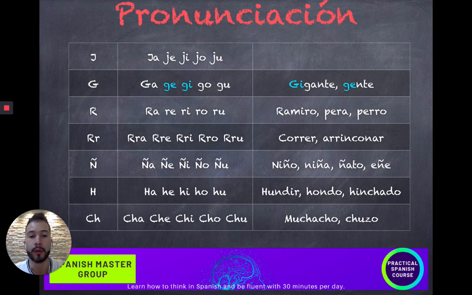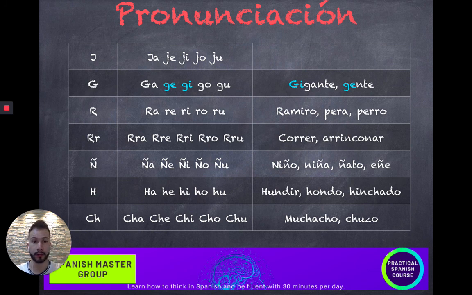For example, pera, which is pear, the one hit, the light sound. And perro, the strong sound, but notice that you have the double R for the strong sound. So it only sounds strong when the word starts with R or when you have two R's in the middle of the word.